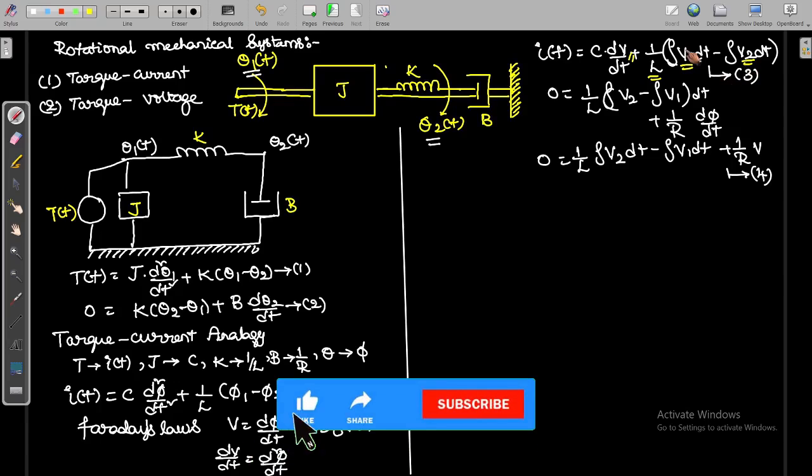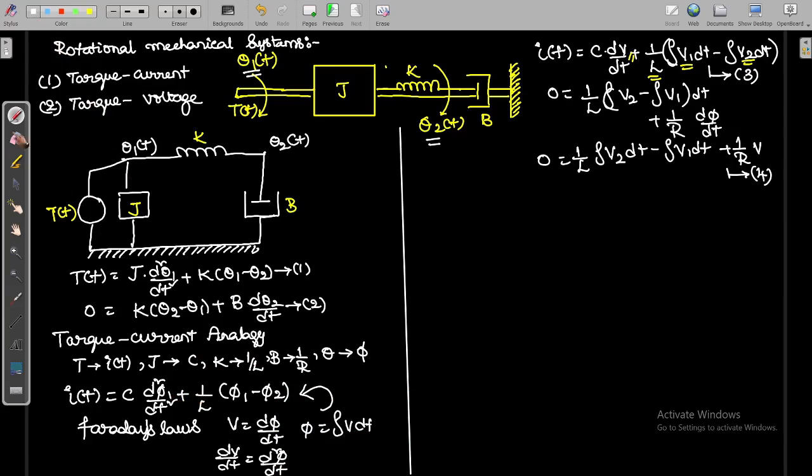For v1, all the elements are connected, and for v2 likewise, we are going to get v2. Because of this, we can now draw the circuit with I of t connected, and you will have two voltages, v1 here and v2 here.